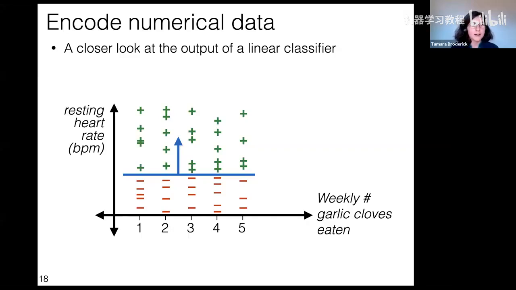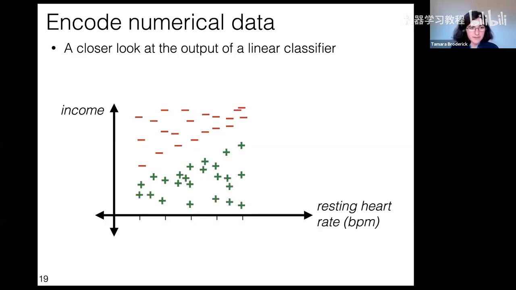Okay, so now that we've talked about this thing that people might do in terms of interpretability, let's see how numerical data and our coding of numerical data enters into this. Okay, so now let's look at resting heart rate and income. So suppose I'm interested in heart disease, predicting heart disease from these two features, and I run my linear classifier, and this is what I get.